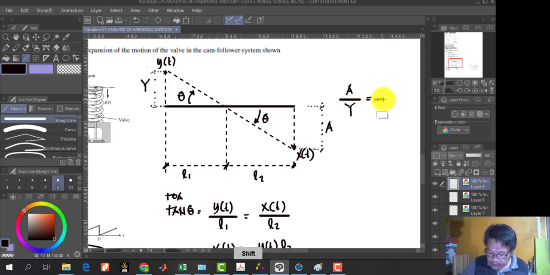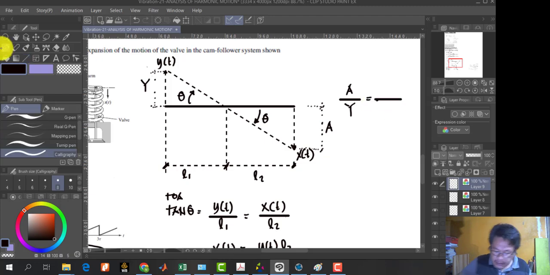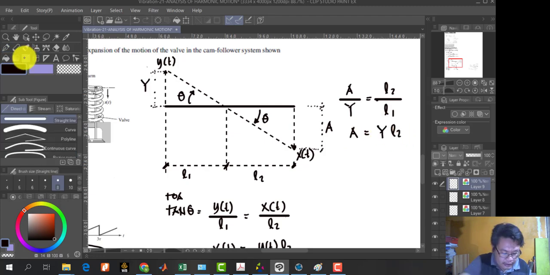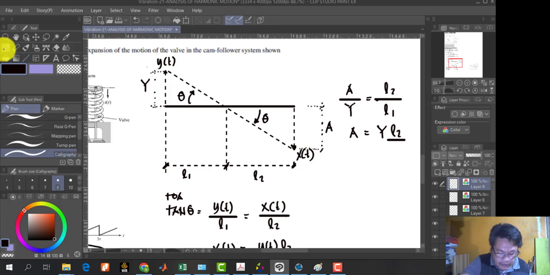On the other side, this is my A, and its leg is L sub 2, right? And on the other side, we have y, with its leg L sub 1. Since we are merely concerned with the value of A, as we are on the path of finding the bulb of the cam follower, I can rewrite my equation as y times L sub 2 divided by my L sub 1.